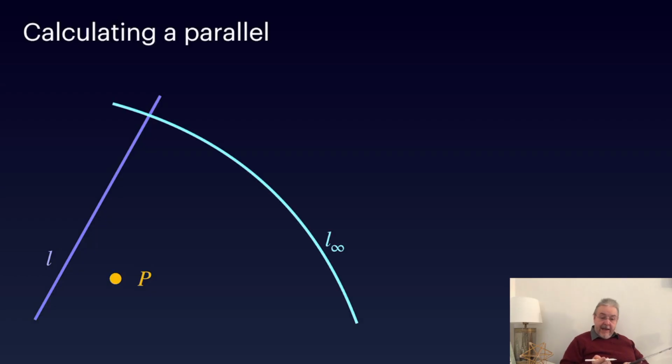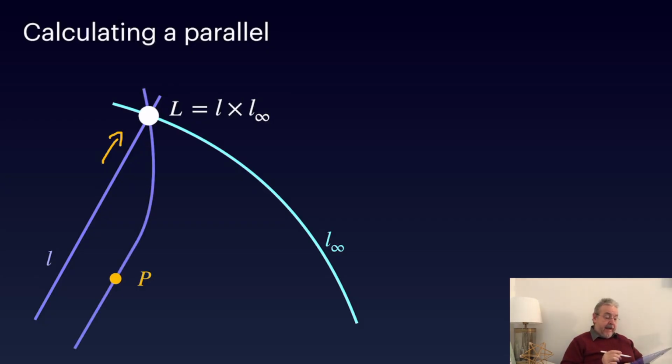Well, we need the line at infinity. So symbolically I've drawn it here into that calculation. We have to calculate the point that is very, very far out on L, which is this point capital L, which is L intersected with the line at infinity, and from there we can calculate the join to P and see that this is the way we have to calculate the parallel.